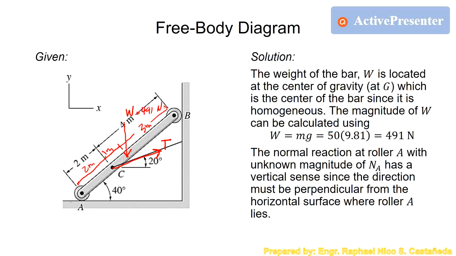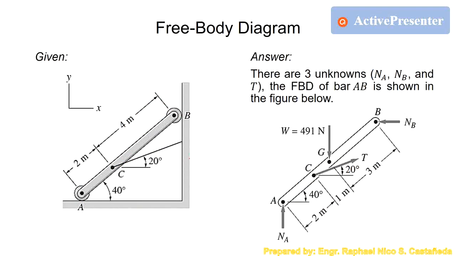The surface at A is horizontal, so the normal reaction is perpendicular to that, going upward. That is the normal at A. The surface at B is vertical, therefore the reaction at B is horizontal, forming a 90-degree angle with the surface. This is the normal at B. So this will be our free body diagram. It will look like this.